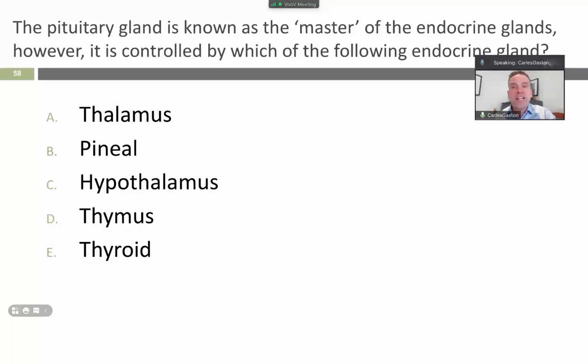The pituitary gland is known as the master of the endocrine glands. However, it is controlled by which of the following endocrine glands: the thalamus, the pineal gland, the hypothalamus, the thymus, or the thyroid?